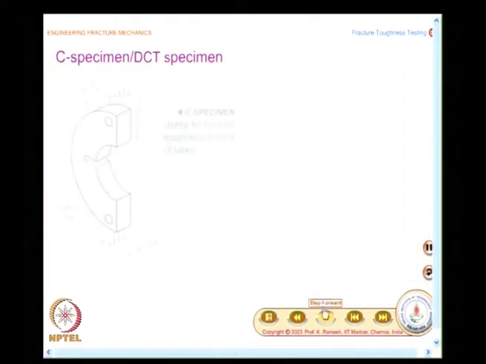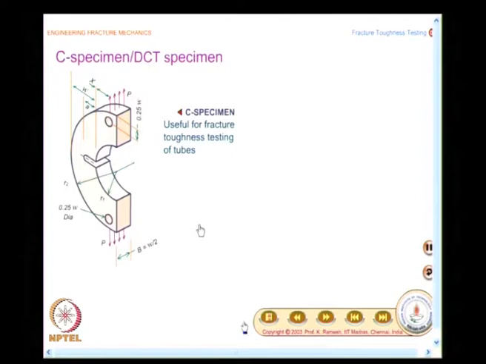Then we moved on to other forms of specimens that are used, and I would like you to make a 2-dimensional sketch of this. This is a C specimen. This is useful for fracture toughness testing of tubes.